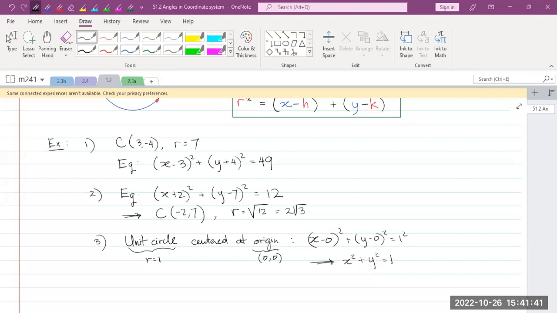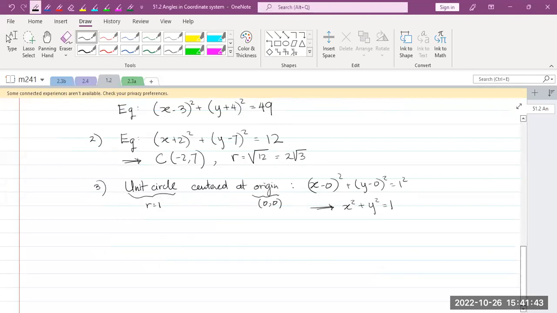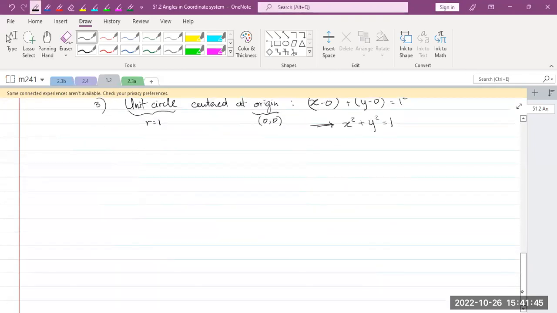Okay, second terminology. And the next one here is extremely important. Please remember this. Part B: angle in standard position.